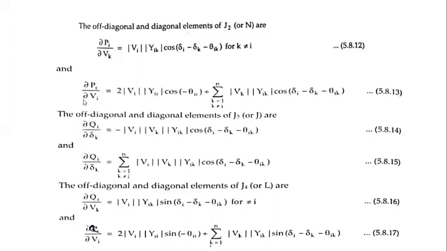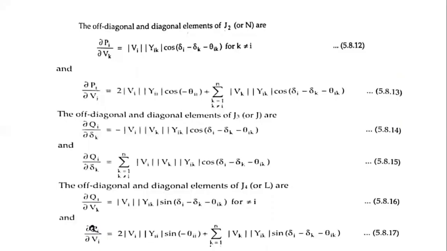And then dou Pi by dou Vi is 2 Vi Yii plus the off diagonal terms. These are the off diagonal elements for J3, and these are all the off diagonal elements for J4 of the Jacobian matrix.